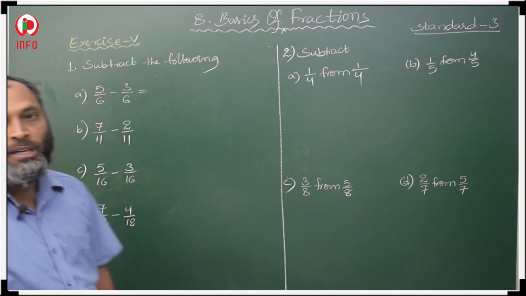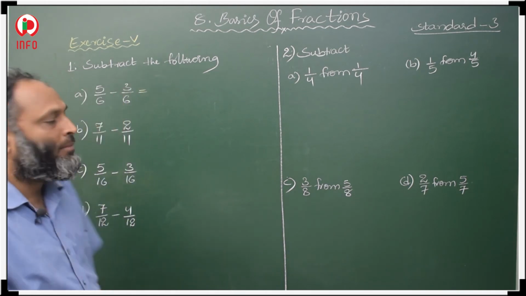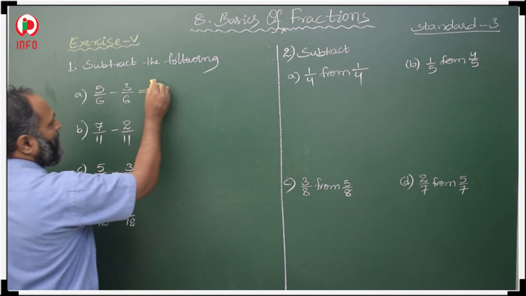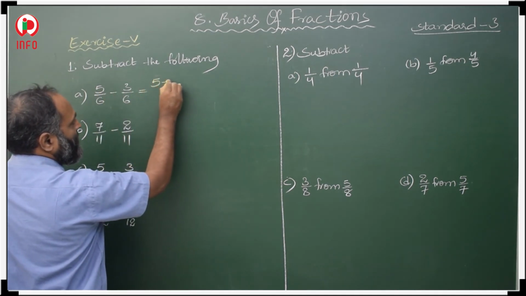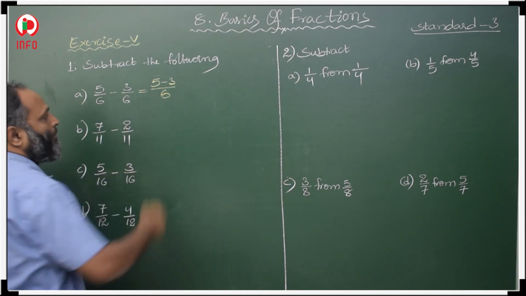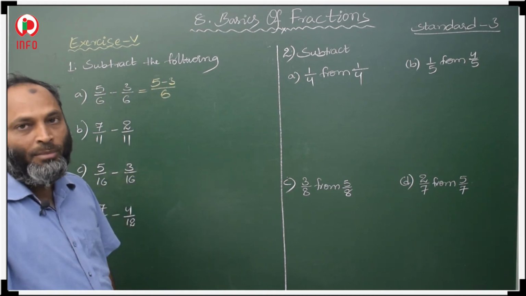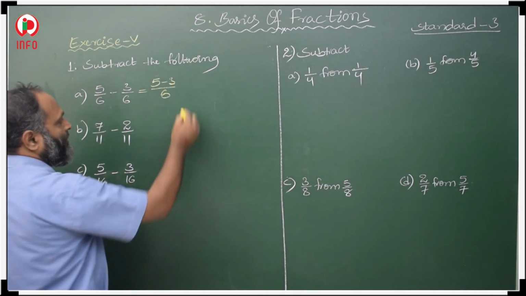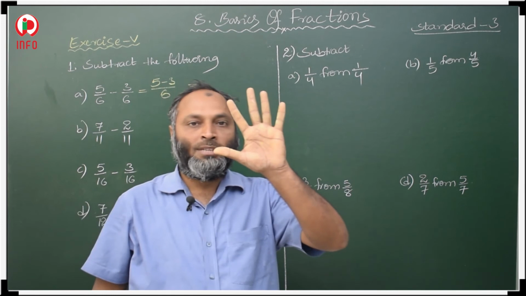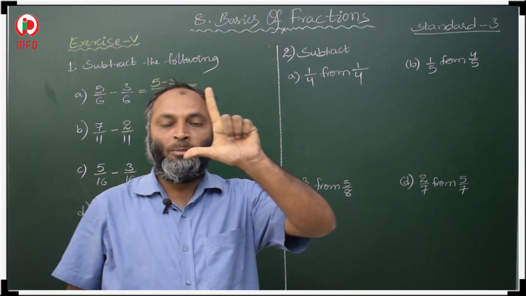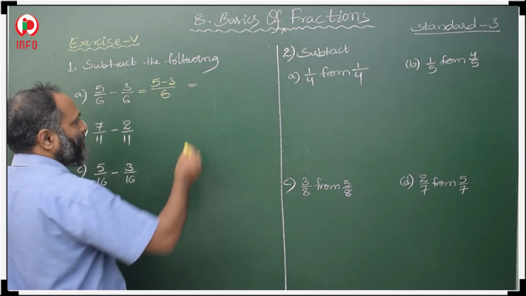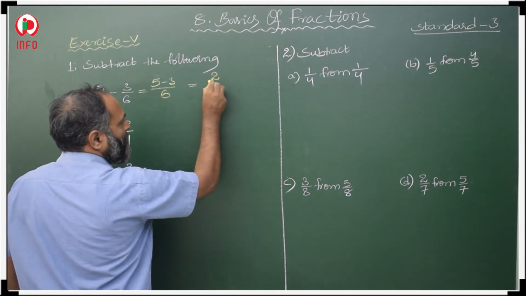First we find the difference of the numerators, 5 minus 3, by the common denominator, 5 minus 3 by 6. 5 minus 3 is how much? In 5 fingers, if you close 3 fingers, how many are left? 2. It means 5 minus 3 is 2, so 2 by 6.